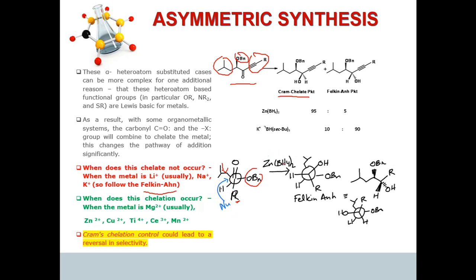Now I have zinc, so I'm using zinc borohydride. I'm actually doing a hydride reduction, adding H minus to my carbonyl carbon. So my hydrogen gets attached here. So I have my OH here, I have my R here. You can see this.